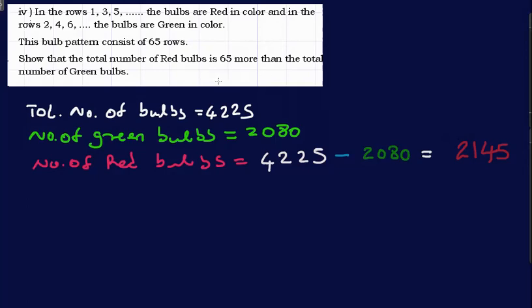Now, what are they asking us to show? Show that the total number of red bulbs is 65 more than the total number of green bulbs. So we have to show that the difference between the number of red bulbs and the green bulbs is 65. How do you find a difference? We use subtraction. Number of red bulbs minus number of green bulbs.